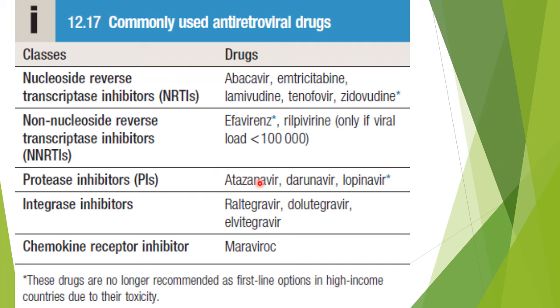Protease inhibitors like atazanavir, darunavir, and lopinavir. Integrase inhibitors like raltegravir, dolutegravir, elvitegravir. Chemokine receptor inhibitors like maraviroc. We already discussed the mechanism of action earlier in this video. And drugs like zidovudine, efavirenz, lopinavir are no longer recommended as first-line options in high-income countries.